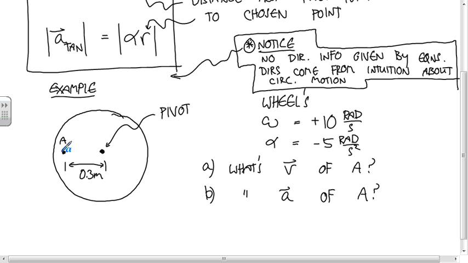So the angular velocity is positive 10. Which way is it rotating? Clockwise or counterclockwise? Counterclockwise. And so this point A is following a circular path like this, right? So what direction is the velocity vector?